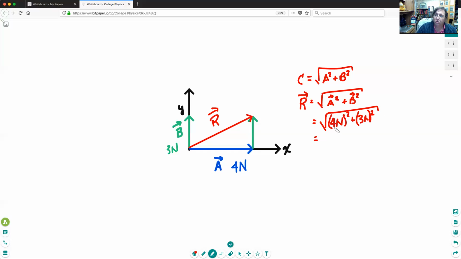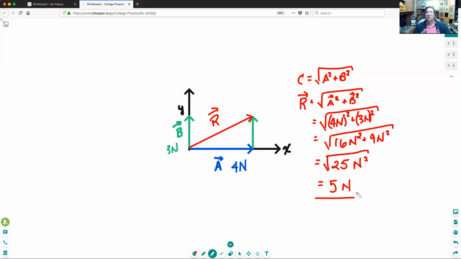And so we see that this is going to work out to giving us 16 newtons squared plus 9 newtons squared, or the square root of 25 newtons squared, which is really just 5 newtons. And that is our resultant vector for this particular point. So in a two-dimensional system, the length of this vector would work out to be 5 newtons.